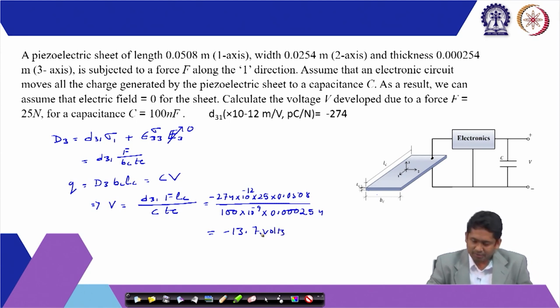So, you can find out the voltage in this fashion, and that completes this problem.